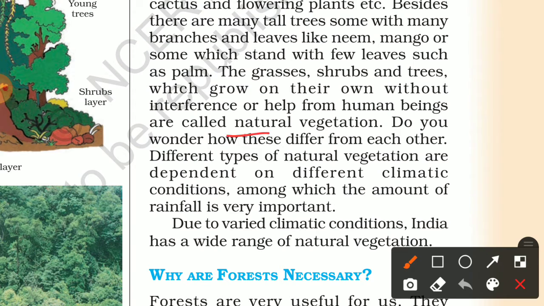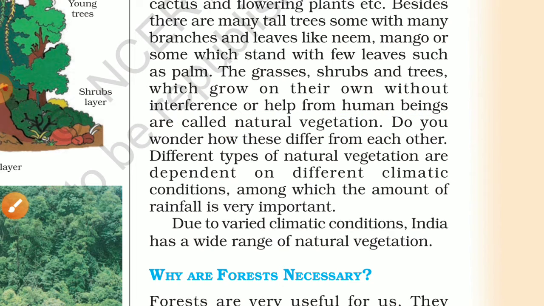So basically natural vegetation means कि जो help करती है human beings को, ठीक है, and grows on its own without interference or help from human beings, so that we call natural vegetation. And it comes from nature. Do you wonder how these differ from each other? Different types of natural vegetation depend on different climate conditions, among which the amount of rainfall is very important.